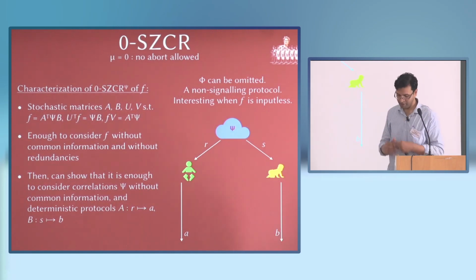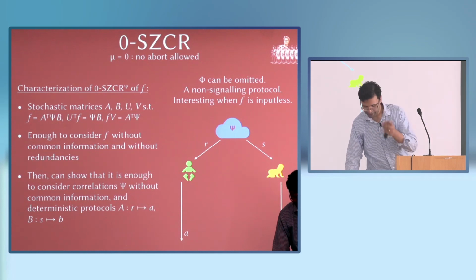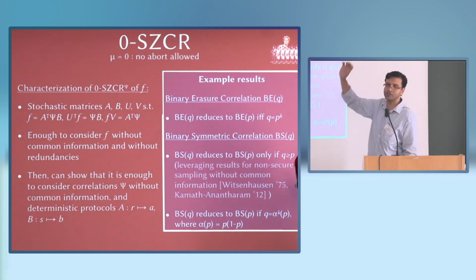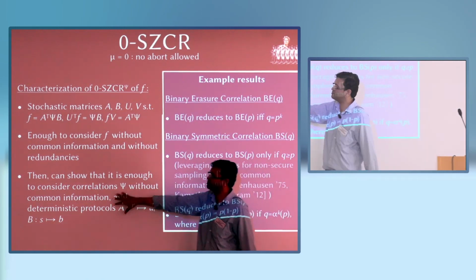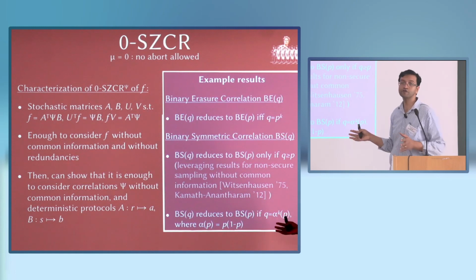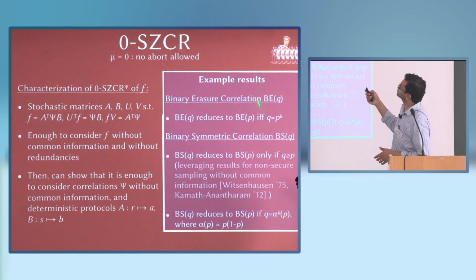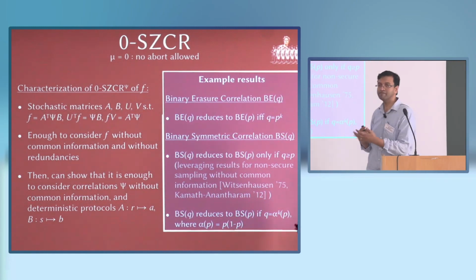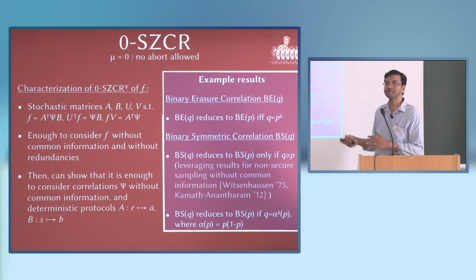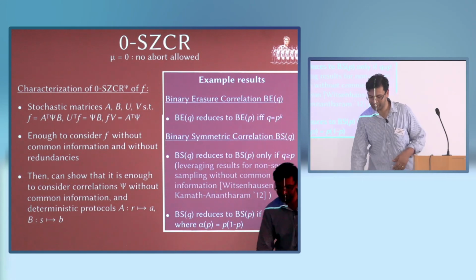You can use some Perron-Frobenius kind of arguments. And you can show that basically local randomness and common information and so forth are not useful. And then you can use it to get some positive results, and in one case we can characterize what all you can do with this kind of thing, but there are, of course, many open problems.